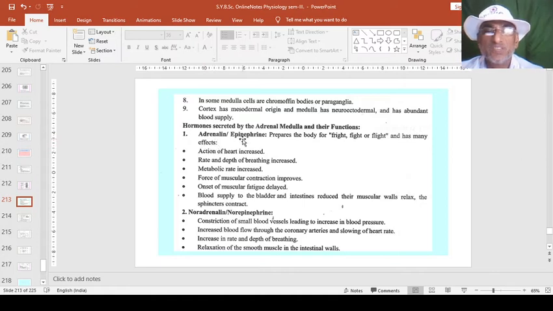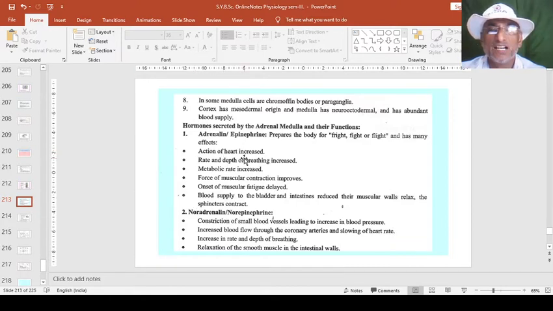Adrenaline or epinephrine is the hormone secreted by the adrenal medulla. So adrenaline or epinephrine prepares the body for fight or flight, and has many effects. Which effects?